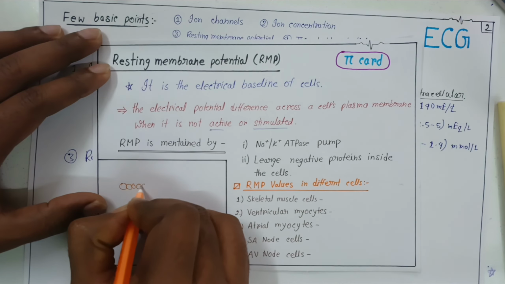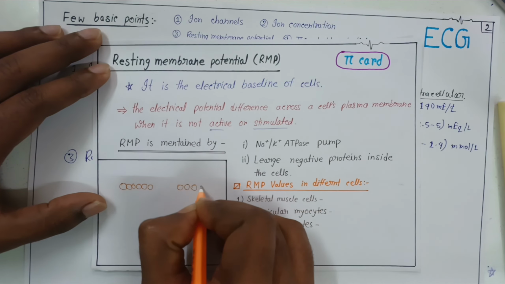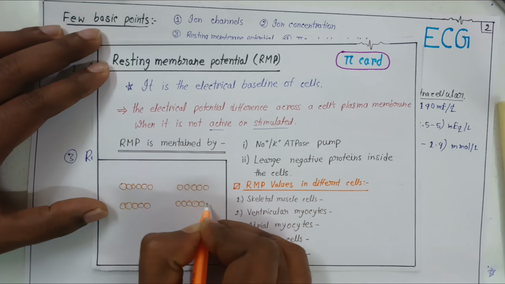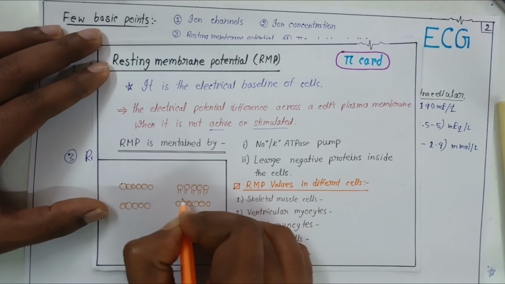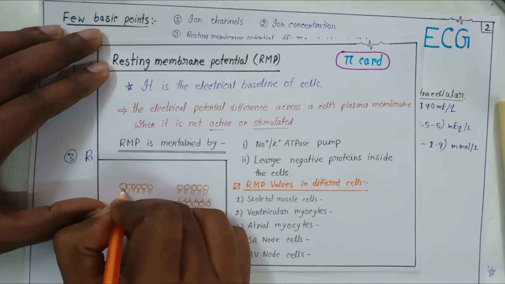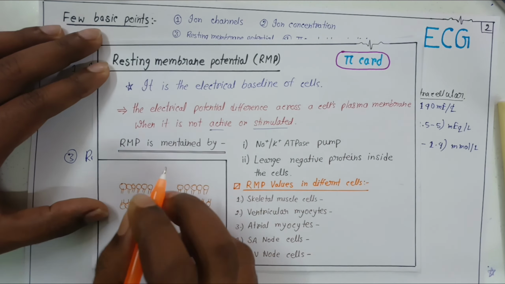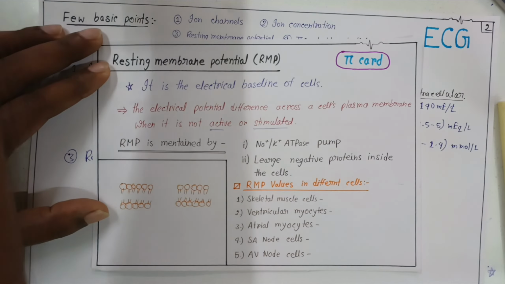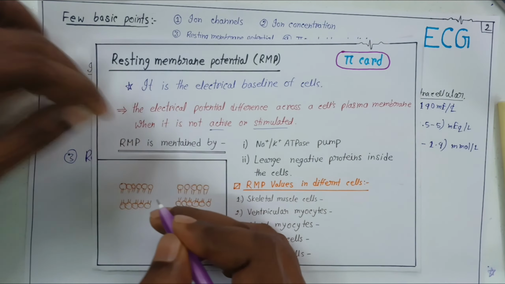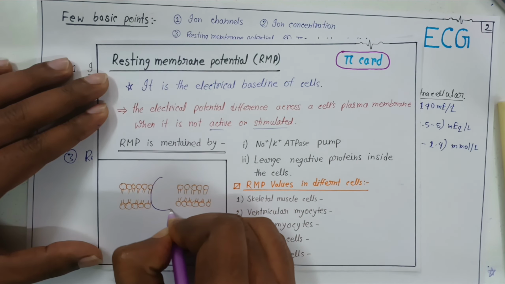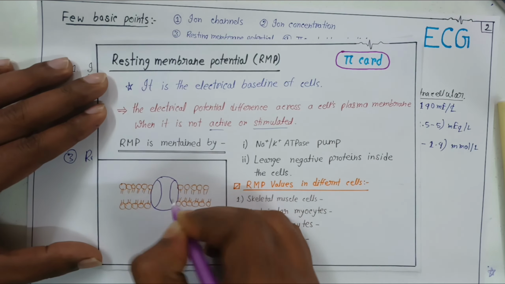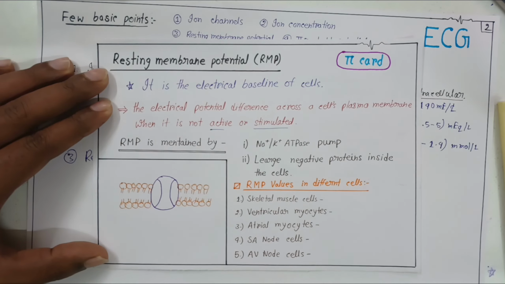That is, as usual, the lipid bilayer, that means cell membrane, and here is a sodium potassium ATPase pump. This is an active pump.